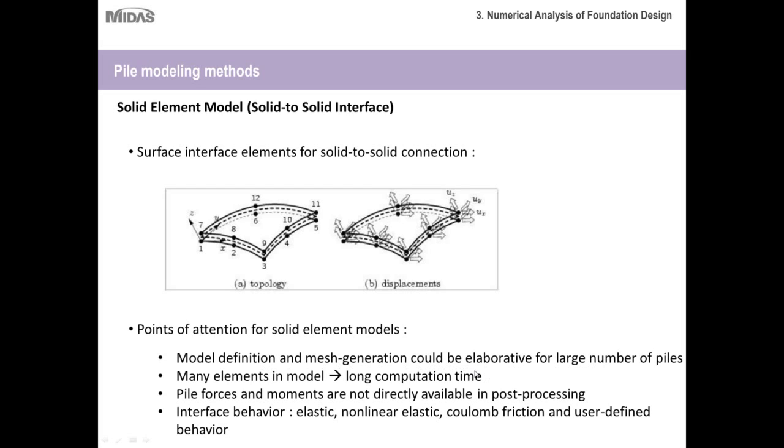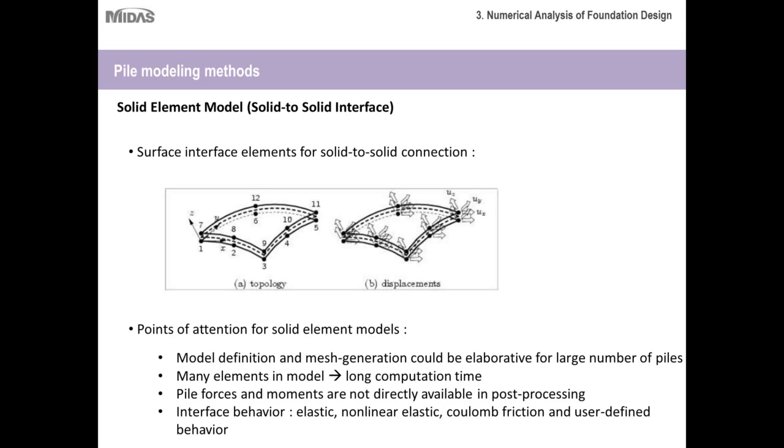Now if you are dealing with pile raft strata, then you would have several hundreds of solid elements for soil itself, and then you will have several hundreds of piles, and each pile will be made of several hundreds of solid elements. Therefore the modeling will take really a long time, and if you have so many elements in your model, the computation time will definitely be long.